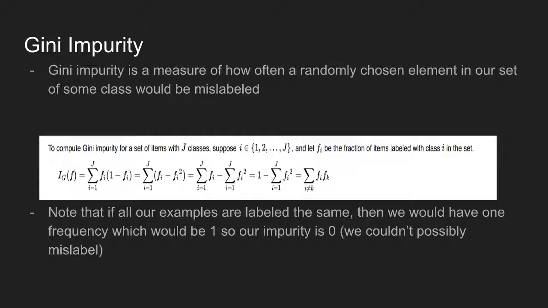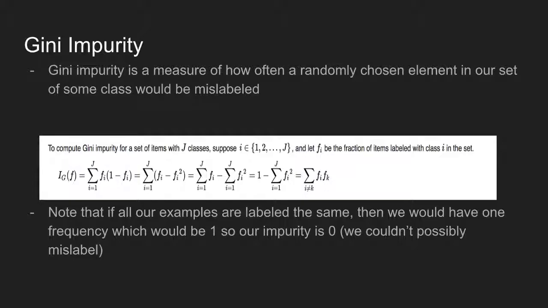What we do is take the frequency of each class. So we have 5 over 13 setosas, 8 over 13 versicolors, and we take the sum of all those frequencies squared and do 1 minus that, and that gives us our result.